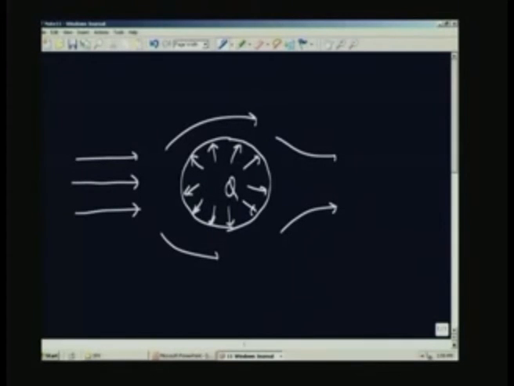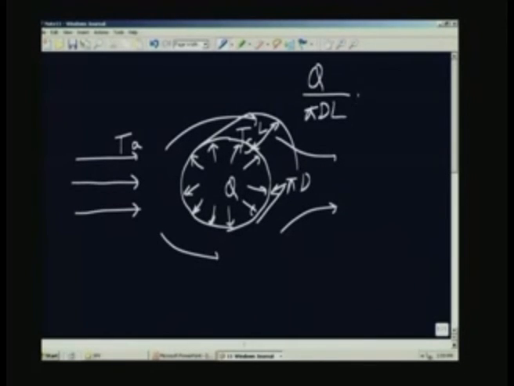What I am assuming is that the temperature of the pipe surface is Ts and the temperature of the ambient fluid is Ta. So, this is your pi d and the heater length is L. So, Q by pi d L is the heat flux at the surface of the pipe.